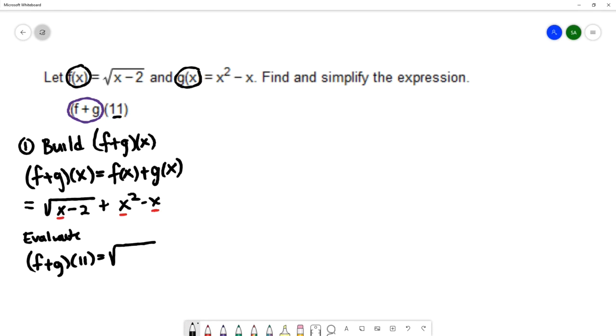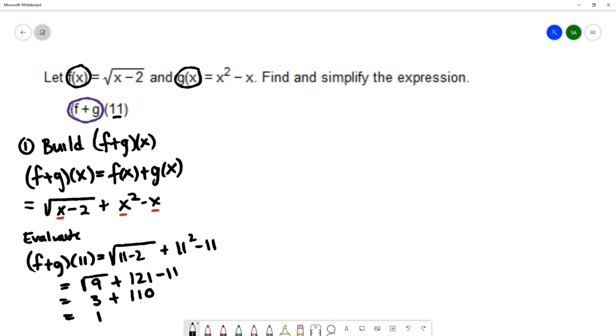That's square root of 11 minus 2 plus 11 squared minus 11. Square root of 11 minus 2 is square root of 9. 11 squared is 121. Square root of 9 is 3. 121 minus 11 would be 110.